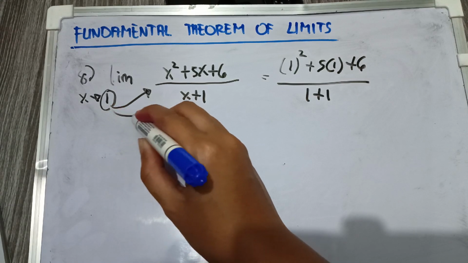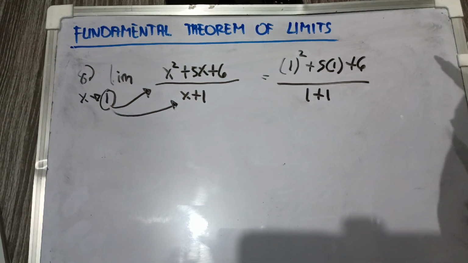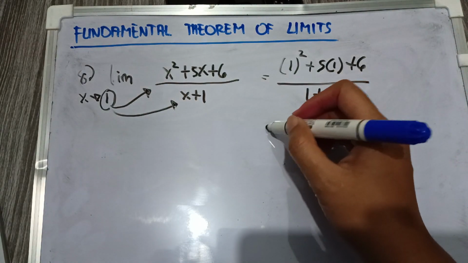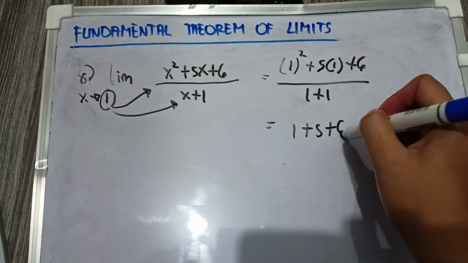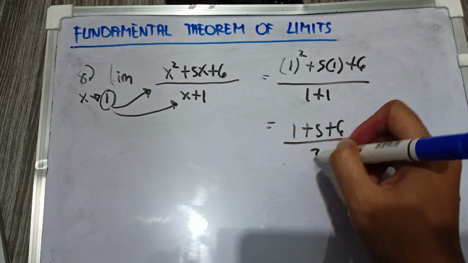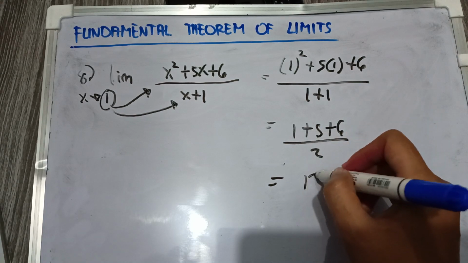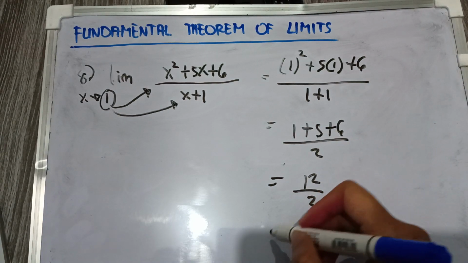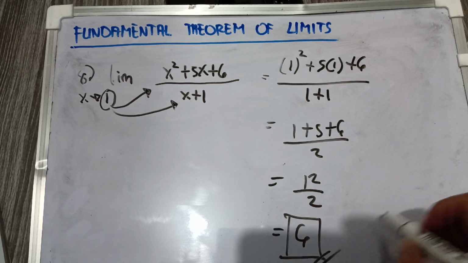You should also substitute this to the variable in the denominator. So the answer will be 1 plus 5 plus 6 all over 2, that will be 12 all over 2. Then 12 divided by 2 is 6. Now this is the answer.